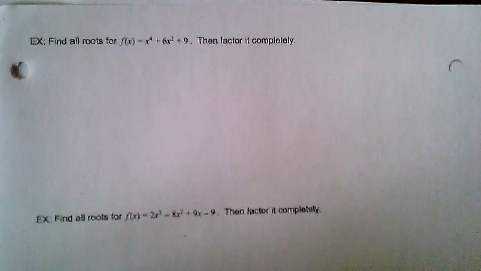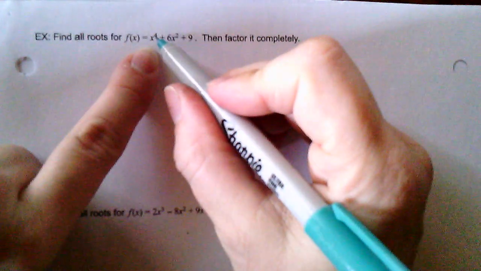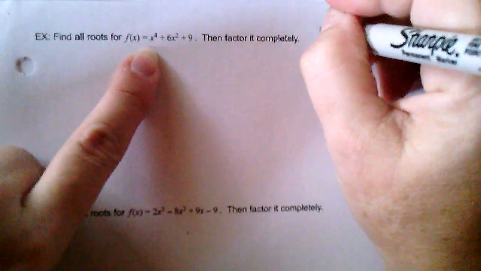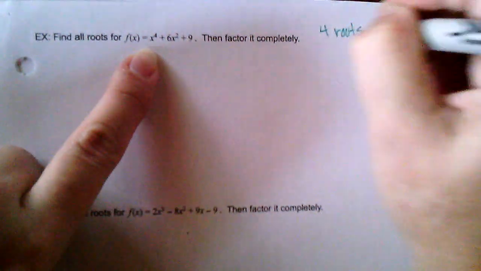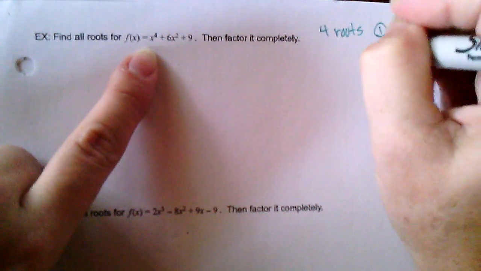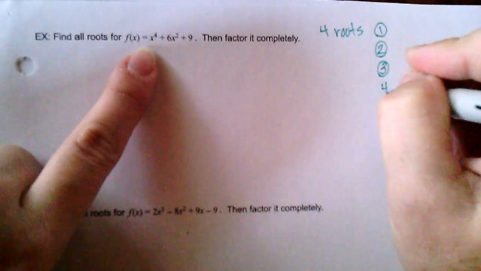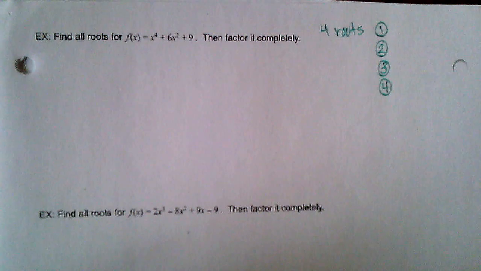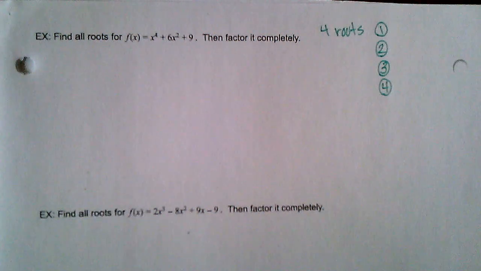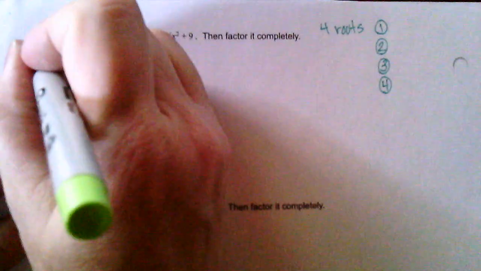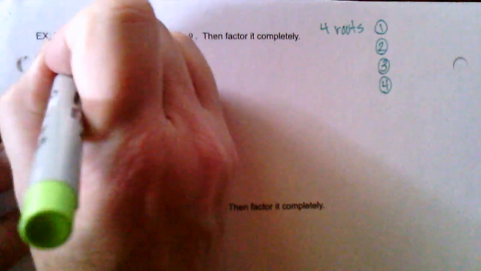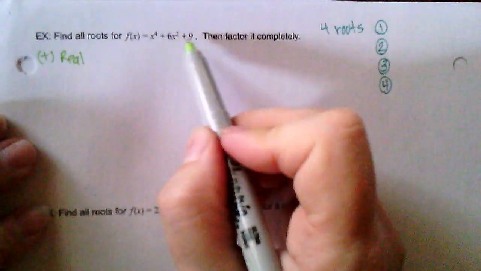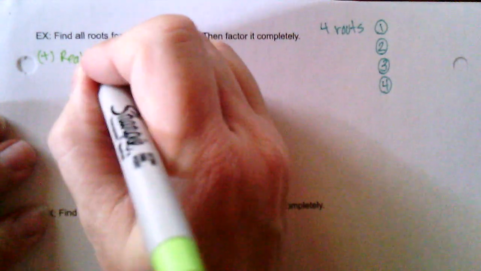So let's look at how many roots we're going to have. So the degree is 4. So we'll have 4 roots. 1, 2, 3, 4. And let's look at the number of positive roots and negative roots. So positive real roots, we have 0 sign changes, so there are none.